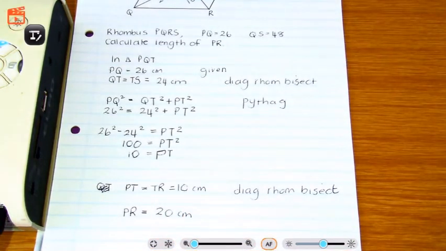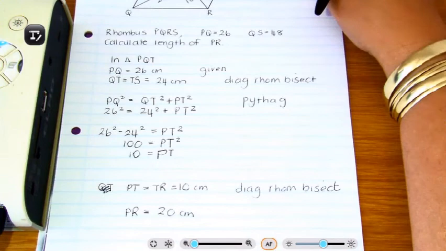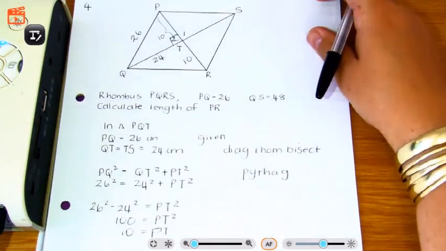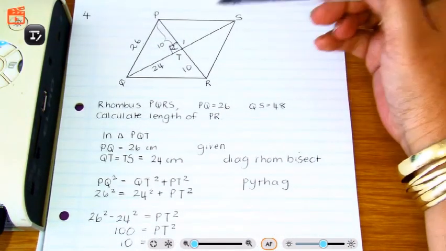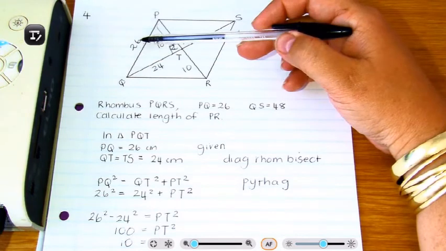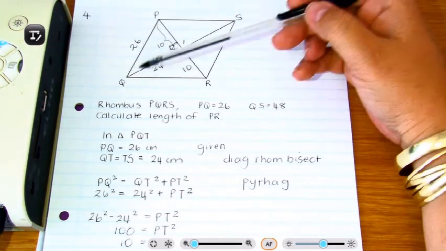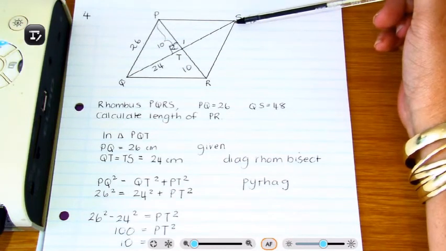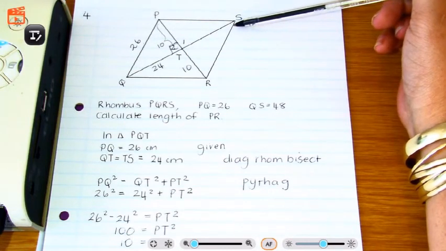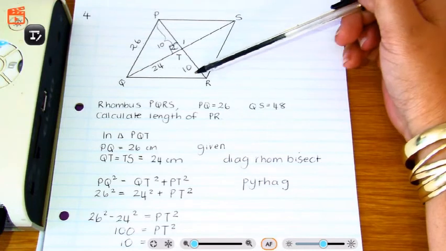Okay, so just to recap what we did there, the first thing is we just filled in that QP is equal to 26. We then saw that QS is 48, so QT and TS are equal to each other because the diagonals of a rhombus bisect each other, so therefore QT is equal to 24.